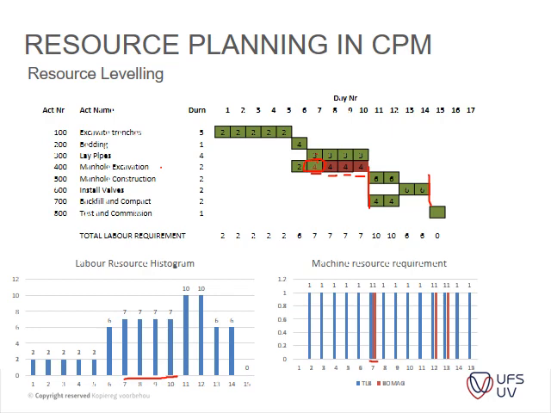So this was a nice example of how it can be mitigated without using too much labor or adding another day to it. So that's more or less what resource leveling is. So there are 2 examples, the one for labor leveling, and the other one for your machinery leveling.